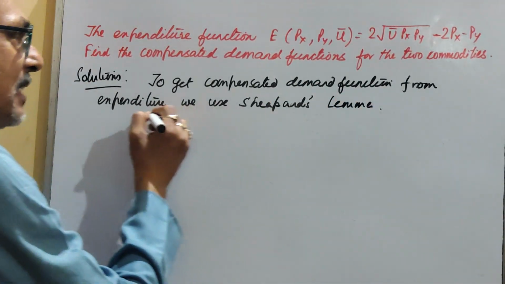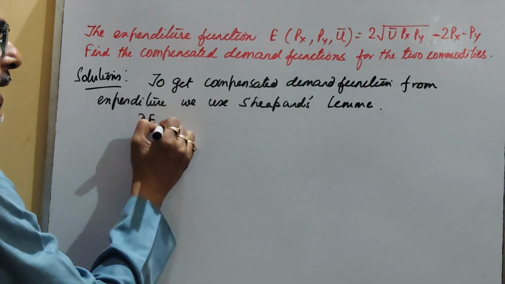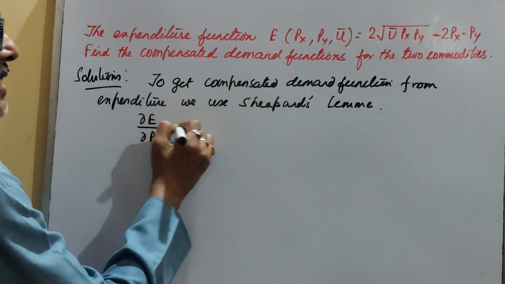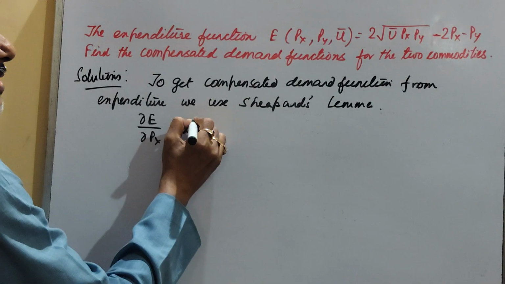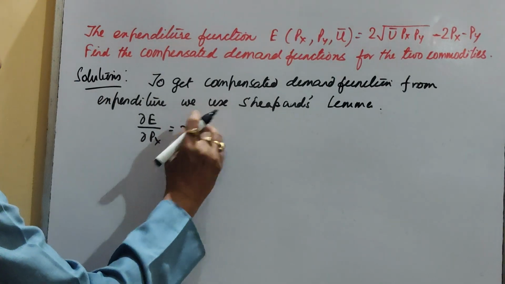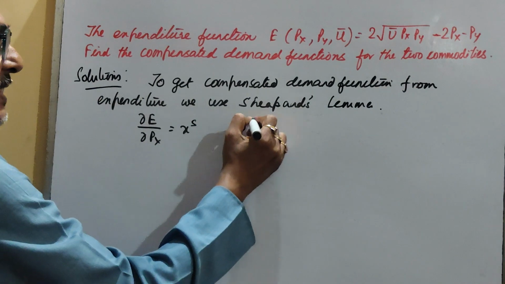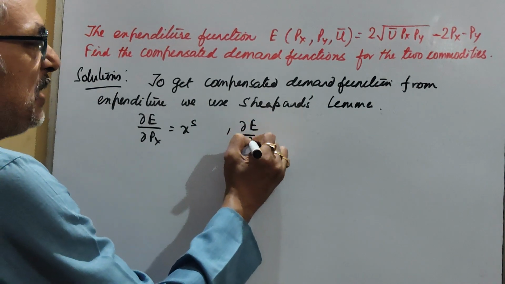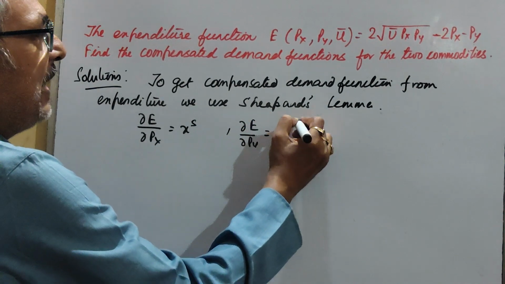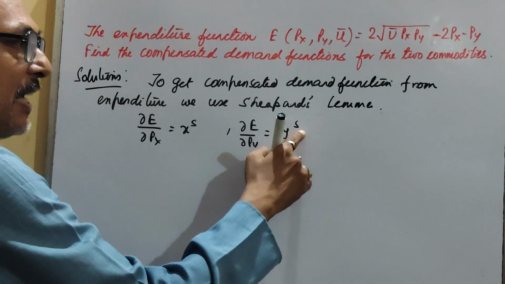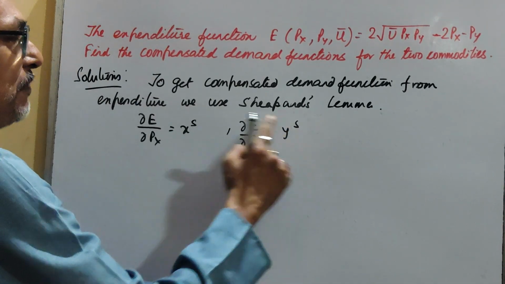What is Shepard's lemma? Del E by del Px equals Xs. Xs shows the compensated demand function, and del E by del Py equals Ys. This Ys is the compensated demand function.